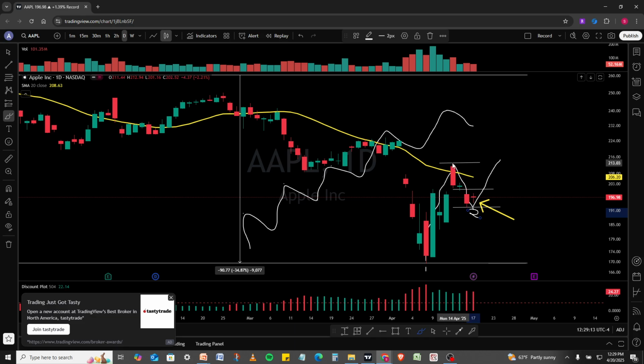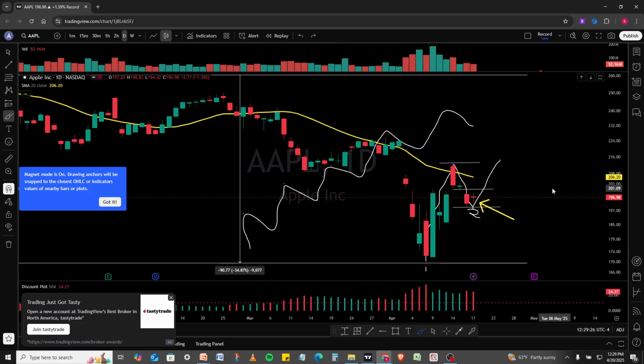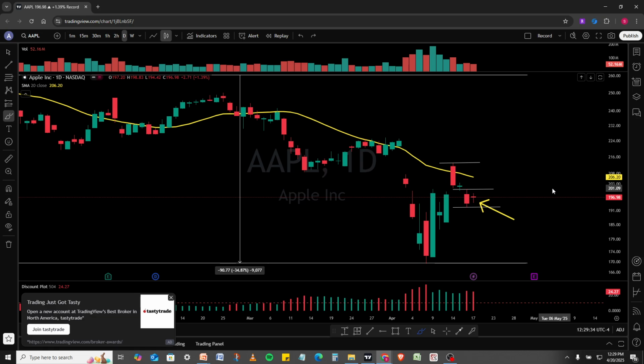If the price breaks above this level, then it will be a higher high, higher low setup, and we should continue to see this pattern emerging in following weeks or months. We don't have clarity as of now for this week at least. Unless the market gives us some direction on Apple, it's not clear if it wants to go higher or lower.